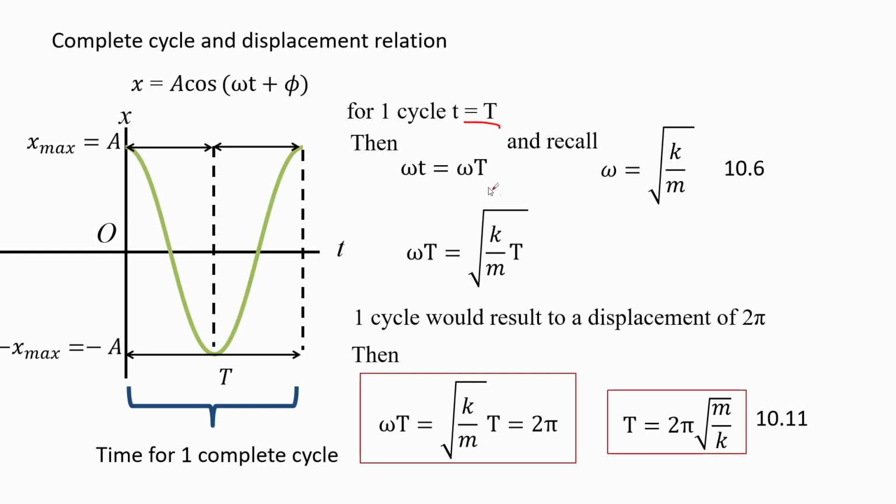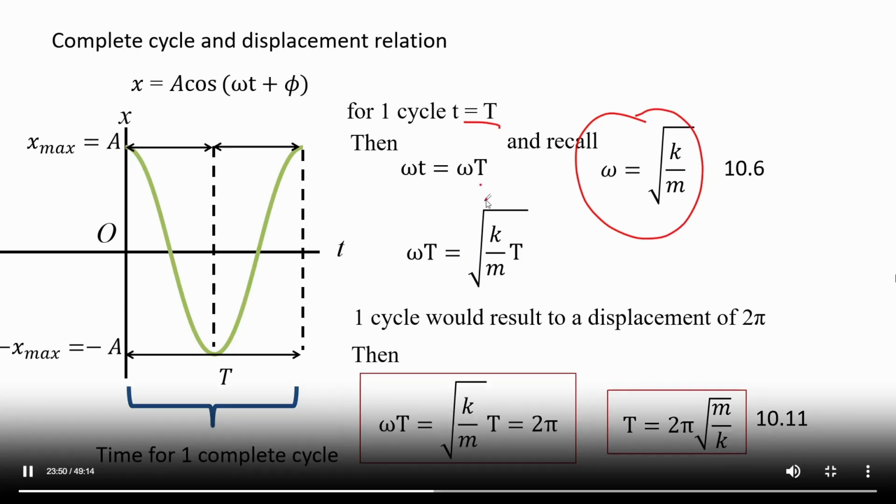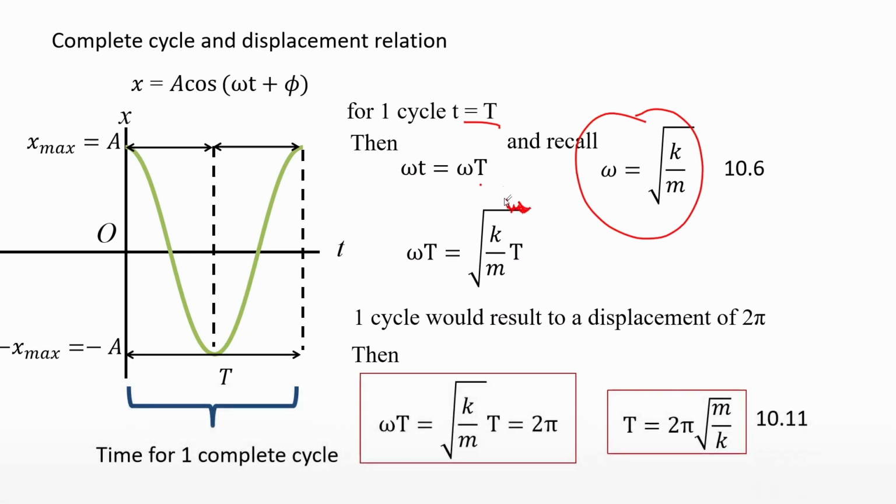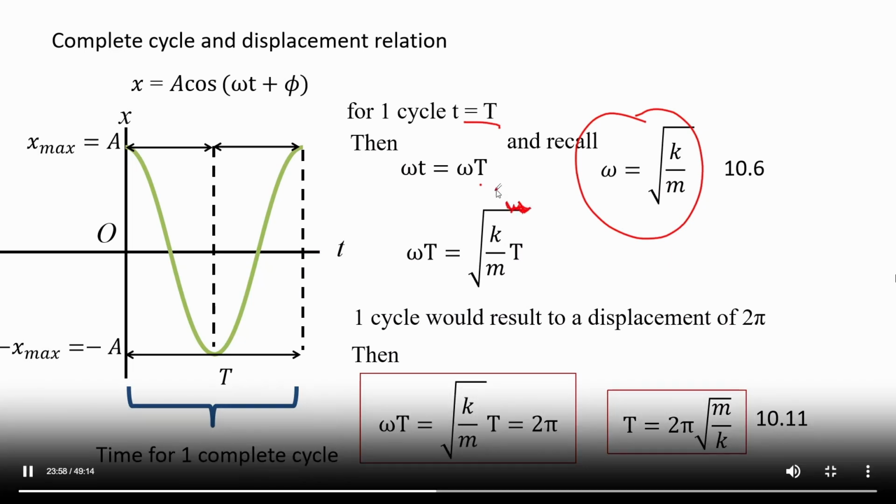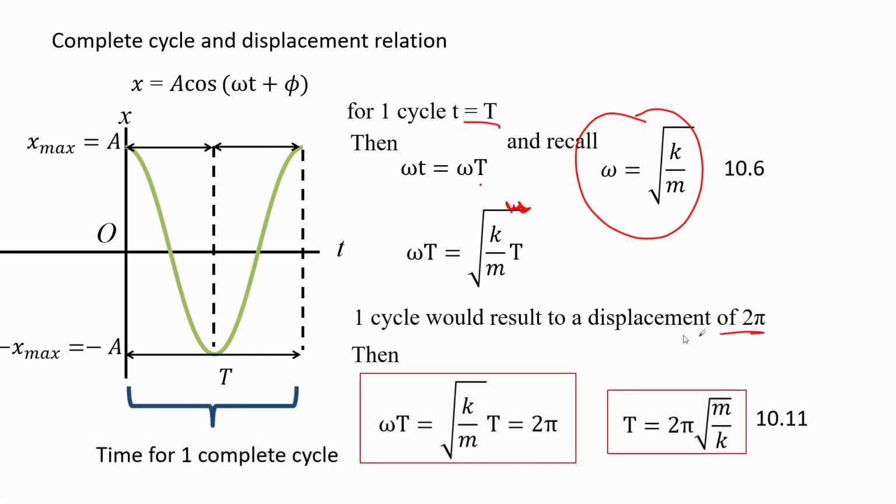Then omega t is equal to omega times the period. We recall earlier that the angular frequency is given as the square root of k over m, and substituting it here, omega t is equal to the square root of k over m. Sorry, I made a mistake. It's not going inside the square root. Then one cycle would result in a displacement of 2 pi, of course.